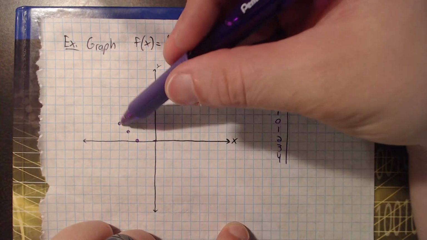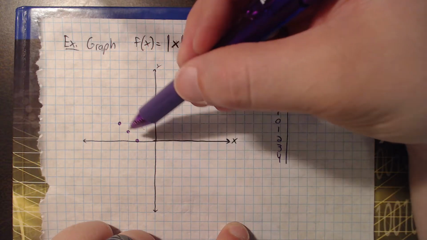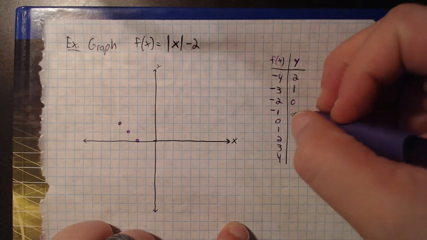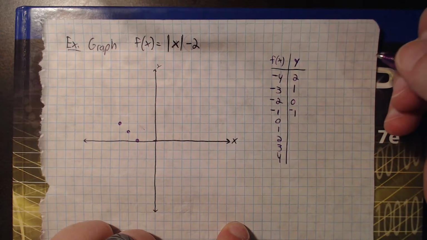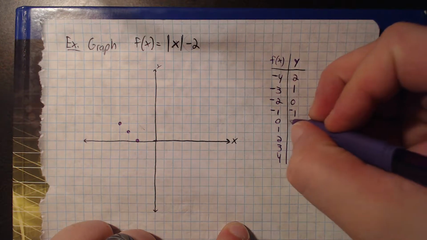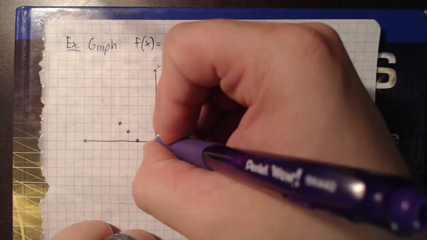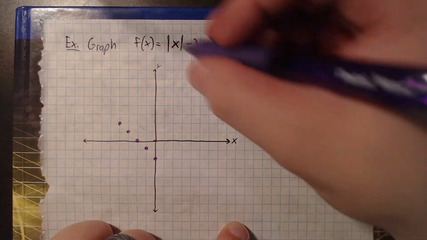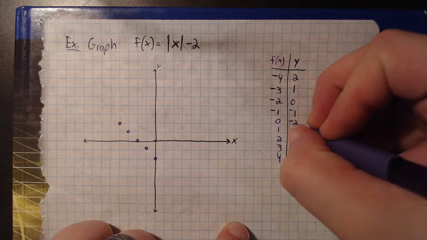Hopefully you're starting to notice that it's going the way that we had predicted. Right? Absolute value of -1 is 1 minus 2, -1. Absolute value of 0 is 0 minus 2 is -2. So let's see, -1, -1, 0, -2. Absolute value of 1 is 1 minus 2 is -1.